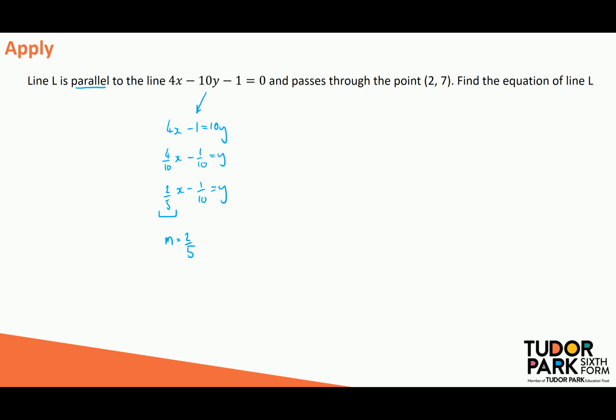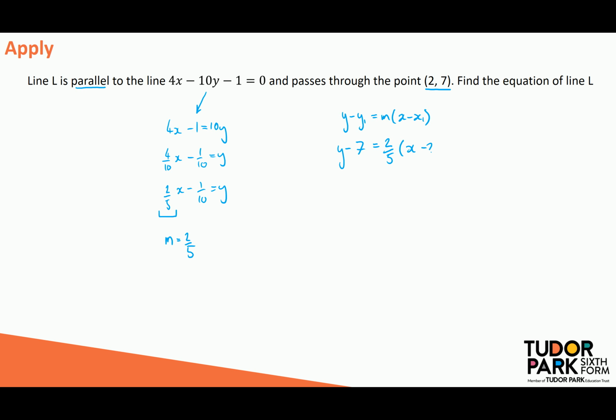We want to find the equation of the line that's parallel to this and goes through a certain point. So back onto my favourite equation, y minus y1 is m lots of x minus x1. What do we know? Well, we know it goes through this point, so the y value is 7. I know it's got the same gradient because it's parallel, so that's 2/5.